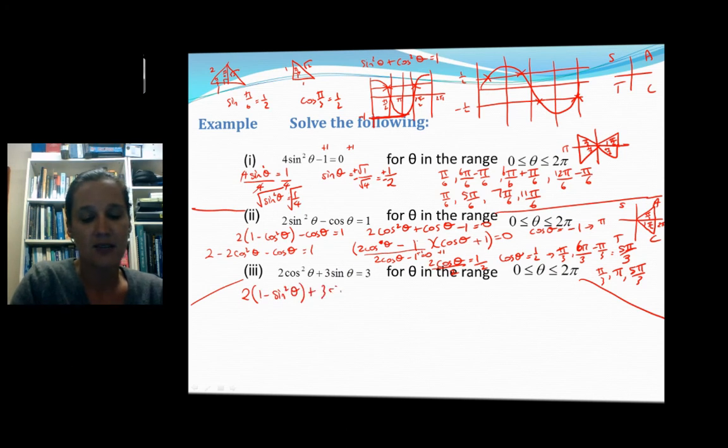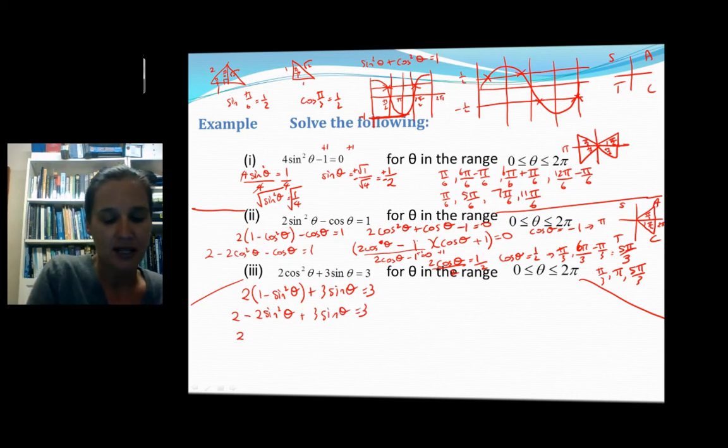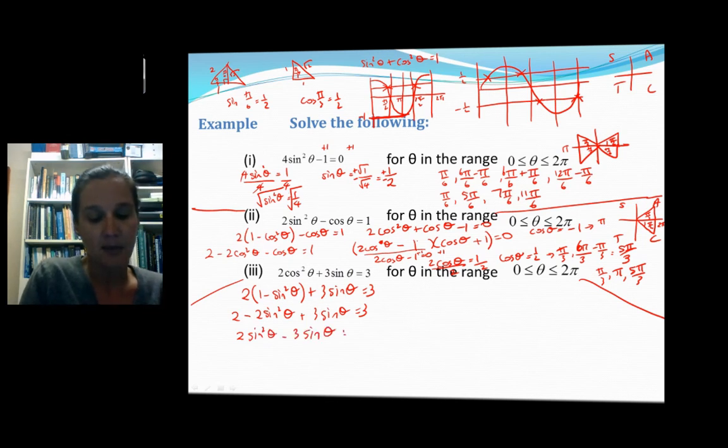So we get 2 minus 2 sine squared theta plus 3 sine theta is equal to 3. We move them over to the other side, and we get 2 sine squared theta minus 3 sine theta plus 1 is equal to 0.